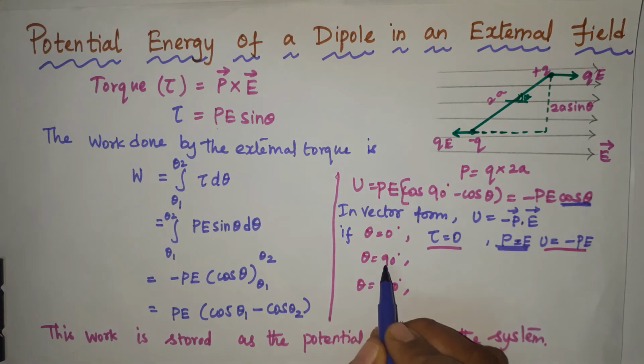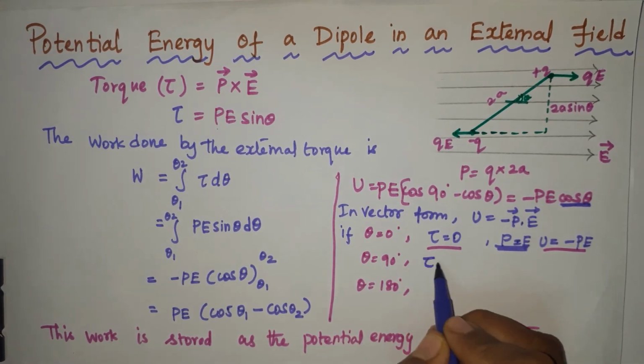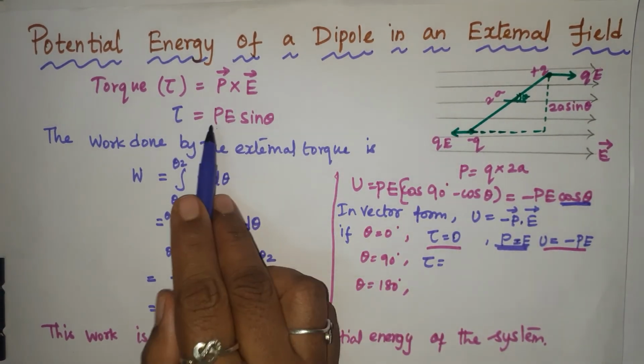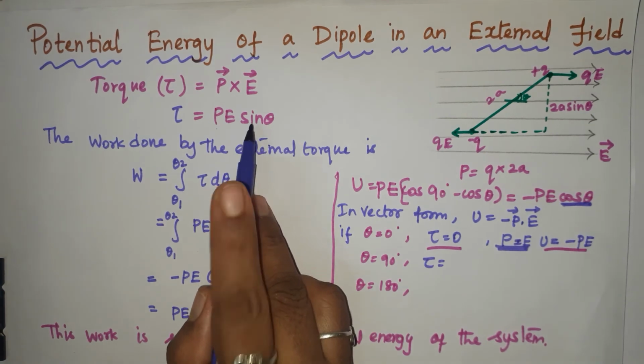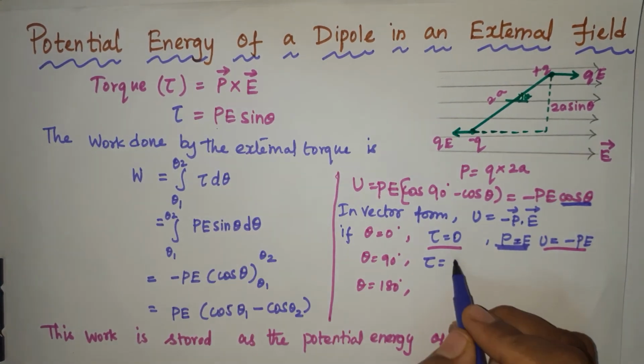For theta equal to 90, tau is PE sin 90, and sin 90 is 1, so tau is PE.